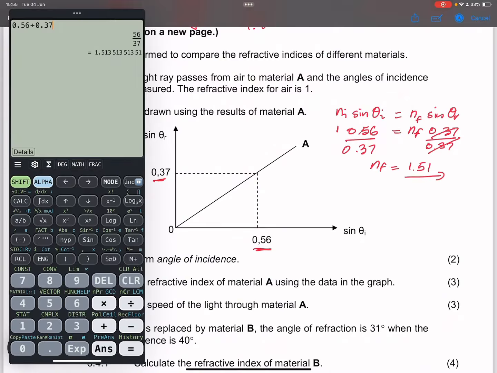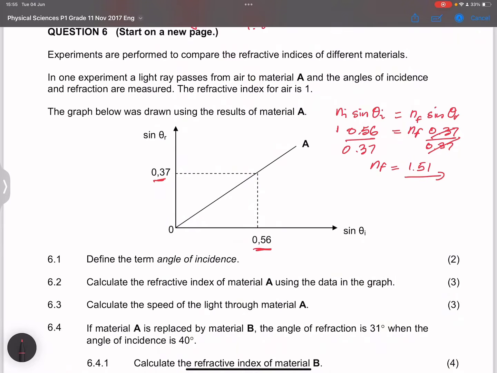Okay, so that is it there. So that's the refractive index of the material.